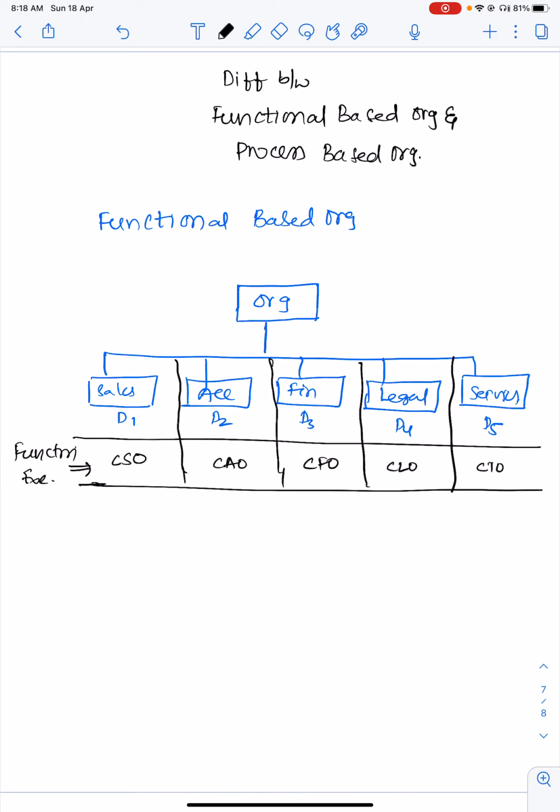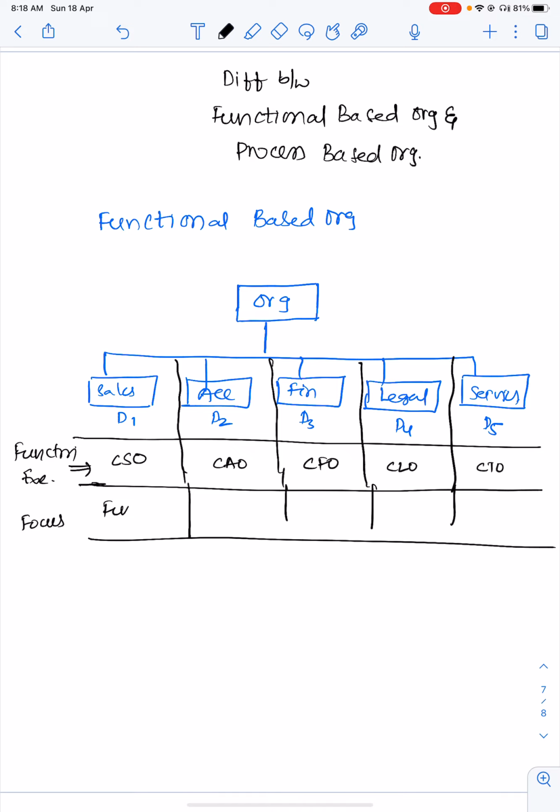Now, what exactly do they focus on? Each department will focus on functional expertise.